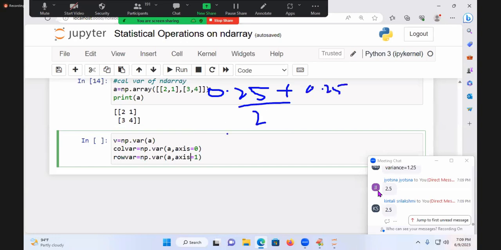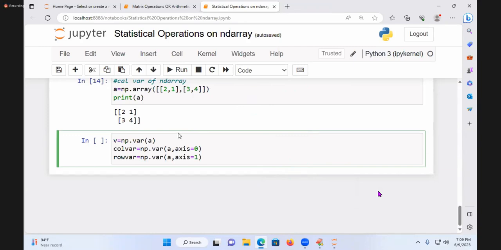By 2, 0.25 plus 0.25, 0.50 by 2. That is 0.25 only for the first column. Second column, 1 plus 4 by 2, 5 by 2, same. 1 minus 2.5, 1.5 whole square, 2.25. 4 minus 2.5, 1.5 whole square, 2.25. 2.25 plus 2.25 is 4.50 by 2.